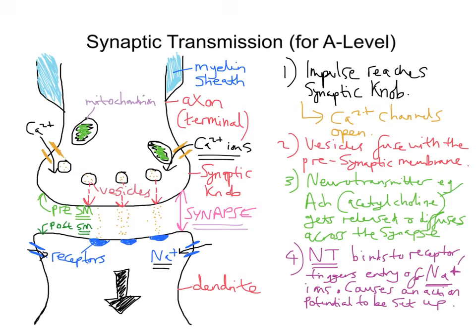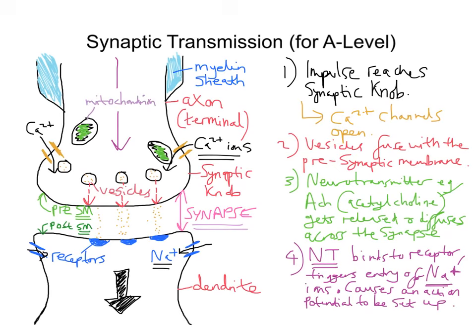Another impulse will essentially work its way down this presynaptic neuron. That will trigger calcium channels to open, calcium ions will rush back in, vesicles that are newly formed will then go down and fuse with the presynaptic membrane, burst, release the neurotransmitter down the synaptic cleft, and so on and so on.